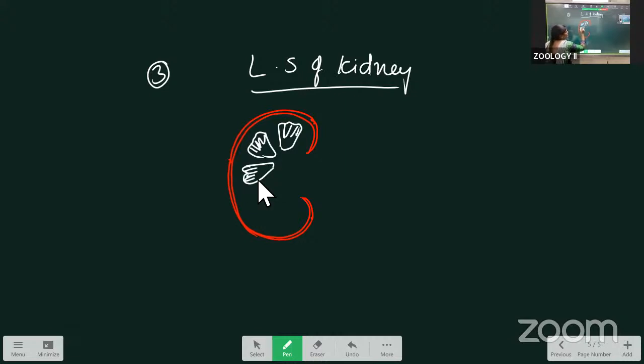The renal pyramids are present in the medulla region. The renal pyramids open into the calyx.